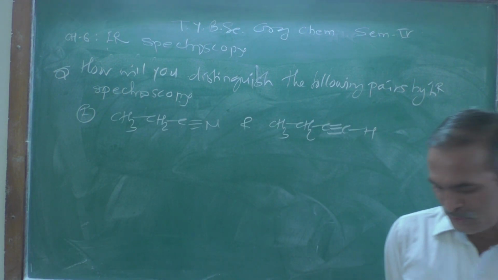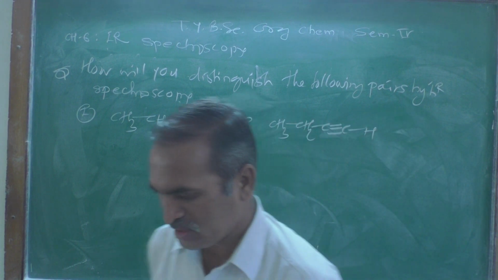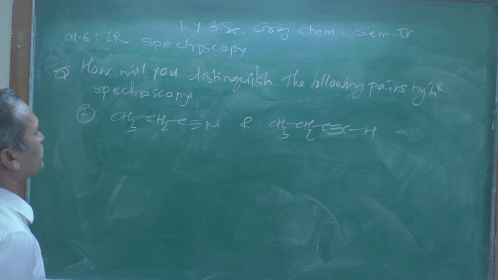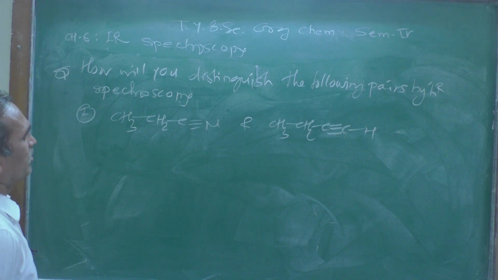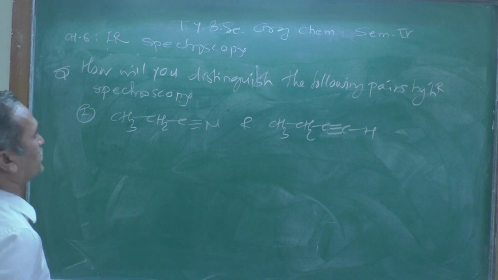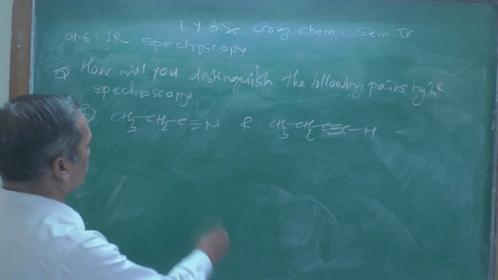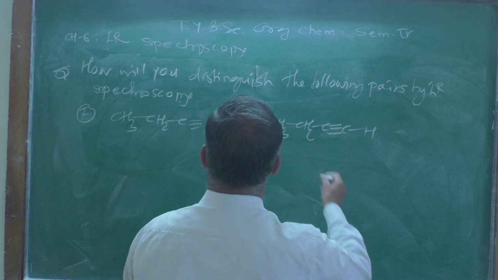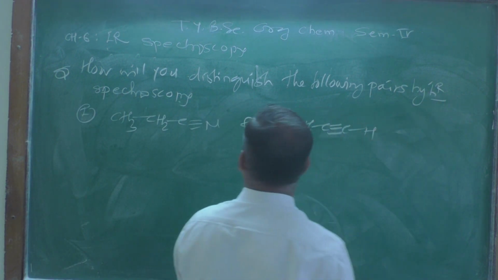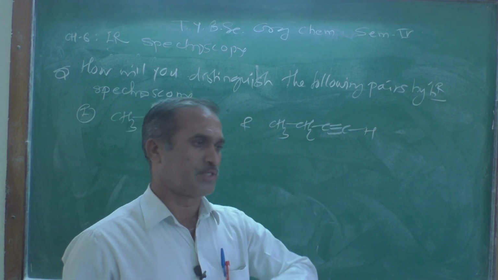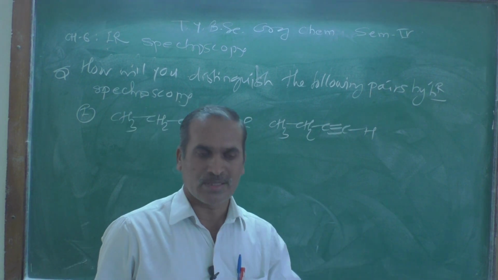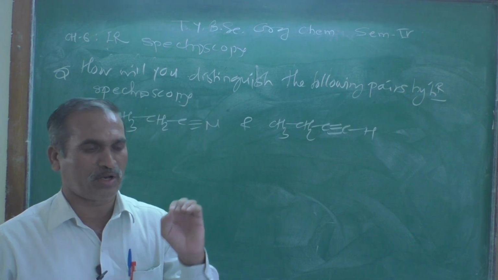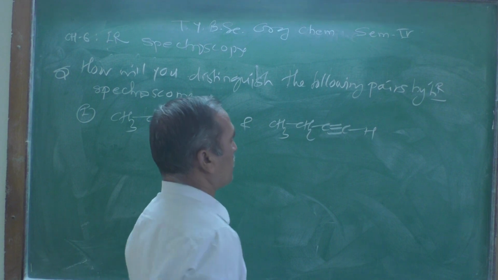So how do you solve this? I already explained this type of question at the beginning, in previous lectures. Now look here, what are the functional groups? Because IR is known for the functional group. IR spectroscopy is very well known; it corresponds to the functional group and provides information about the functional group.